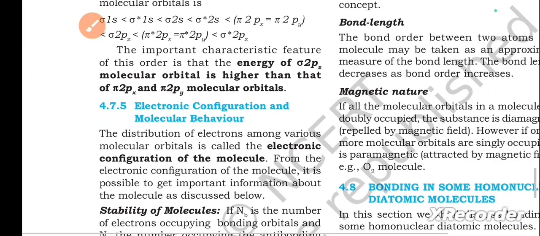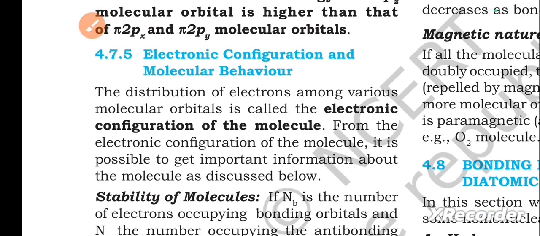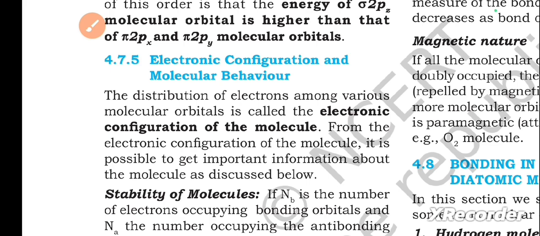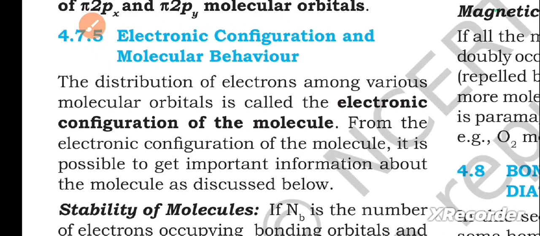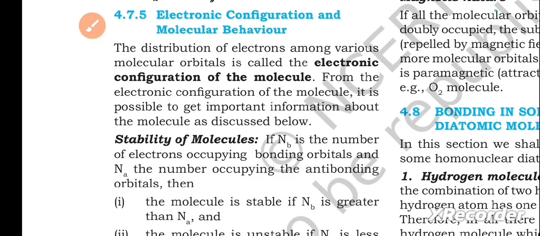Next is electronic configuration and molecular behavior. The distribution of electrons among various molecular orbitals is called electronic configuration of the molecule. From the electronic configuration of the molecule, it is possible to get important information about the molecule as discussed below. Next is stability of molecules.